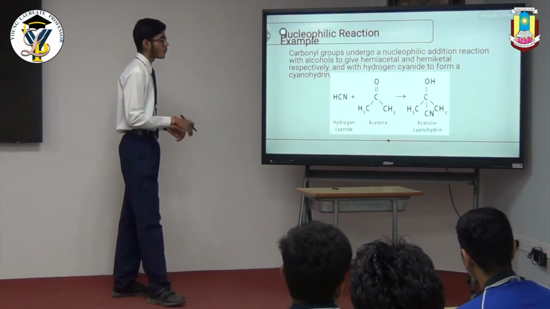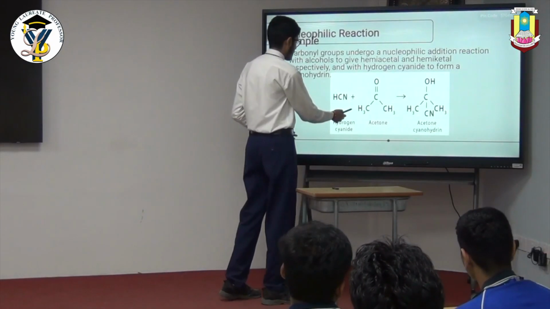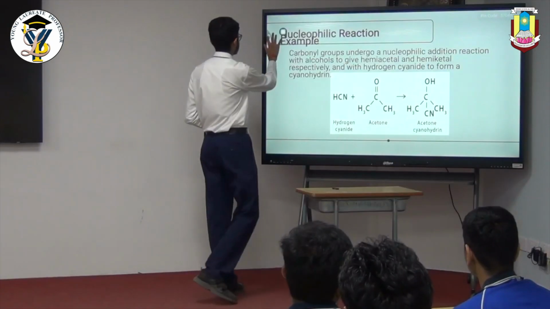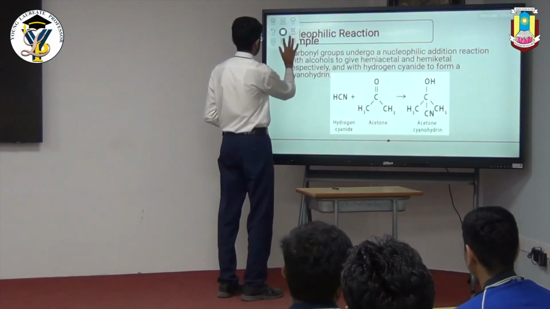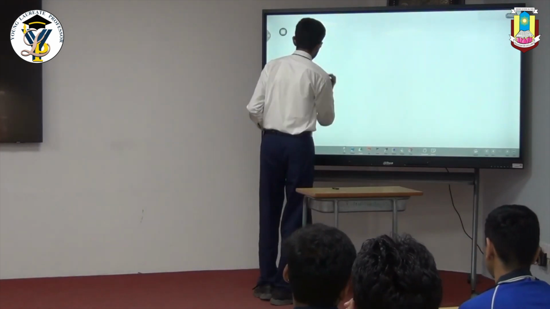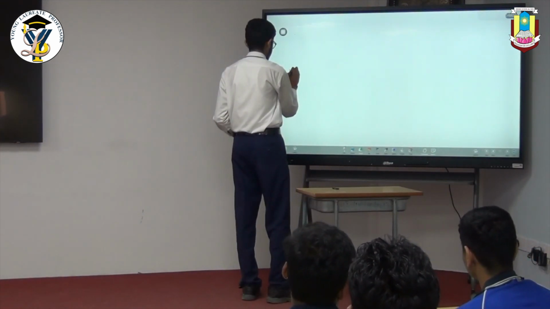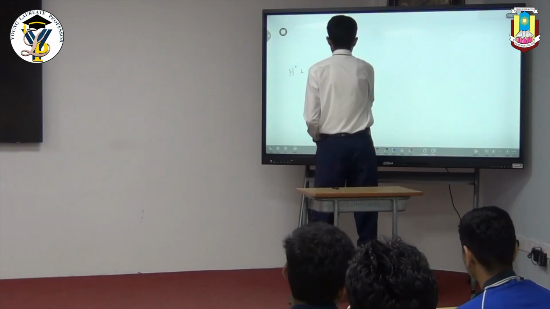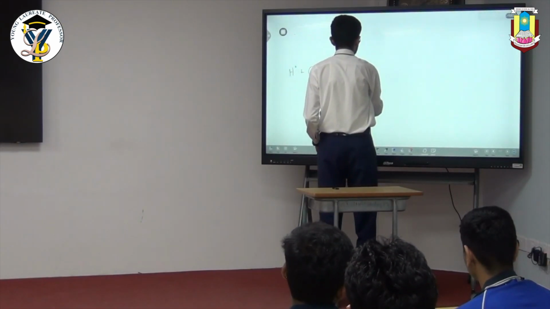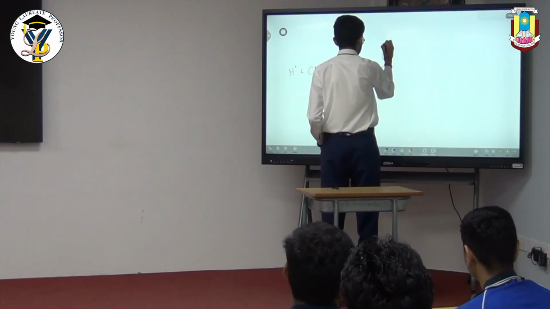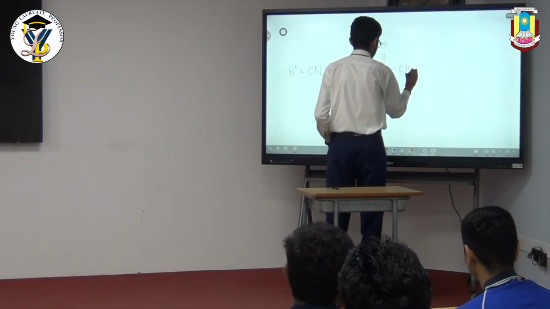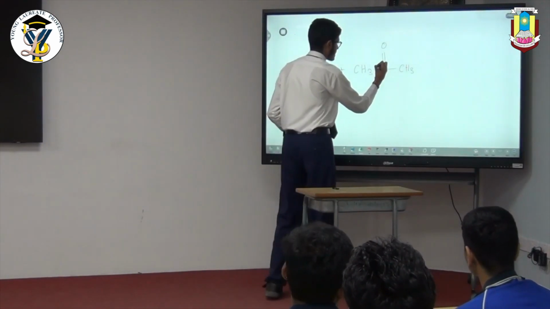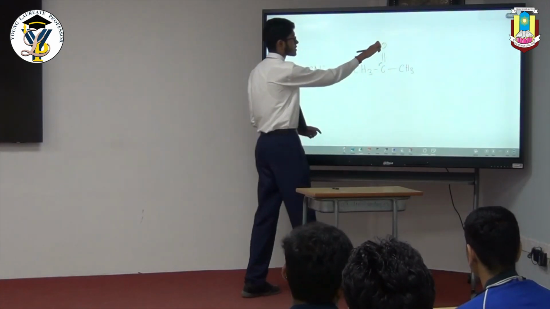Now let us understand this with the help of an example. This is hydrogen cyanide and acetone. It is giving a cyanohydrin. Now what actually happens in this? As we have discussed earlier, this carbon has a delta positive charge because of the oxygen present there.